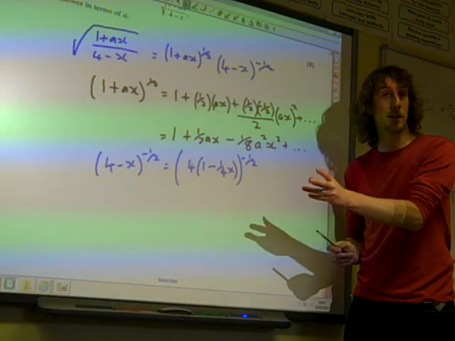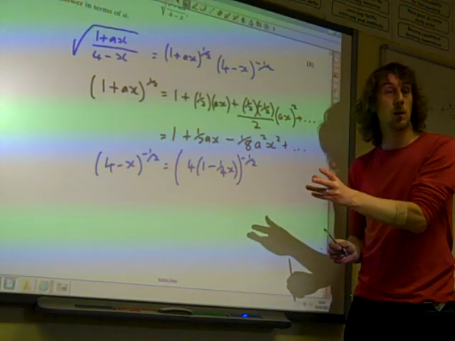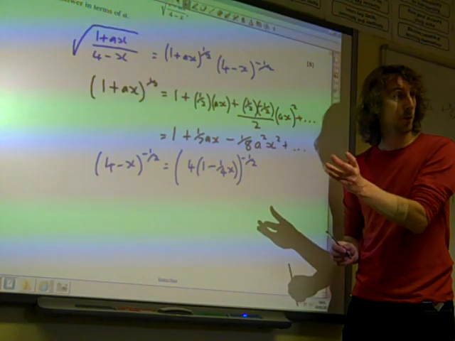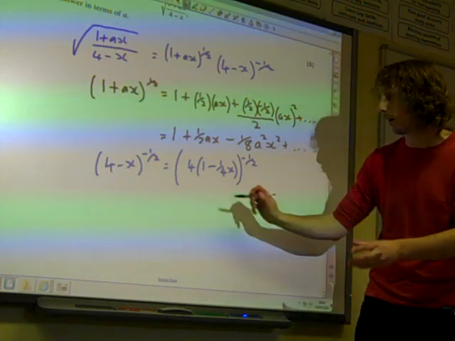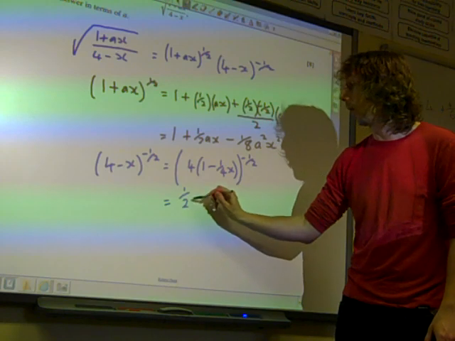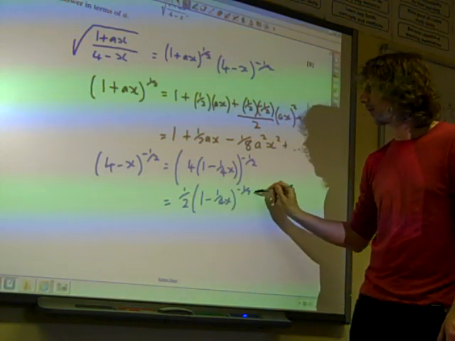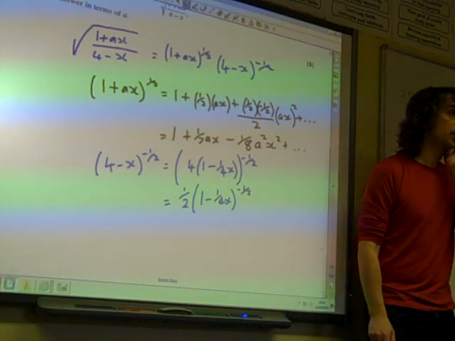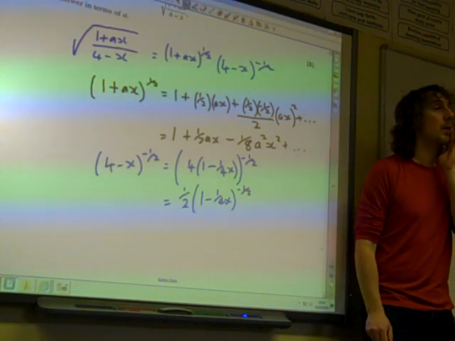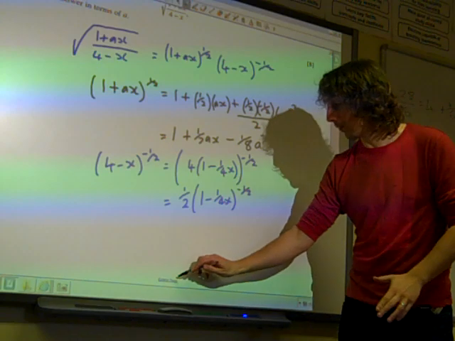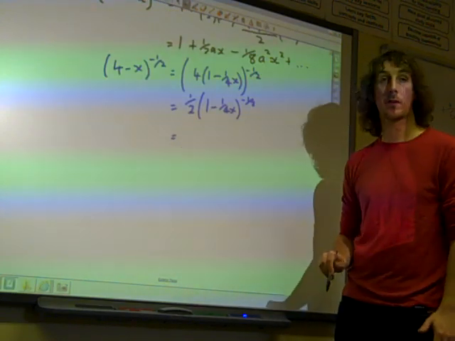So 4 to the minus a half, well 4 to the half is 2, the minus sign means 1 over, so that is a half of 1 minus a quarter of x to the minus a half. At which point I'm ready to do my binomial expansion stuff.